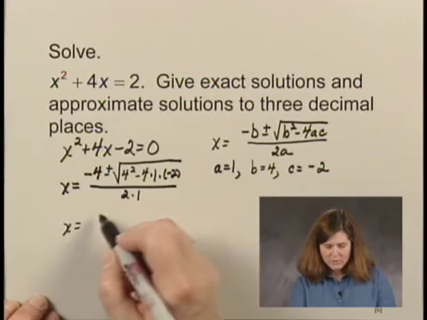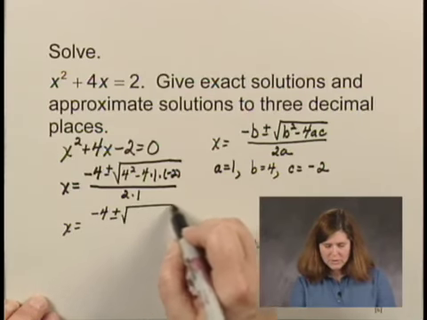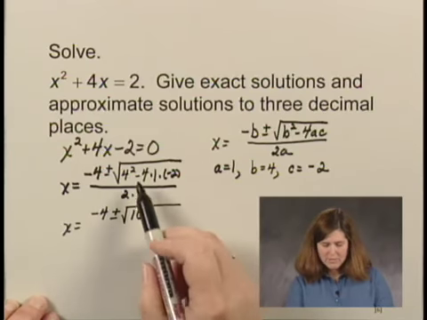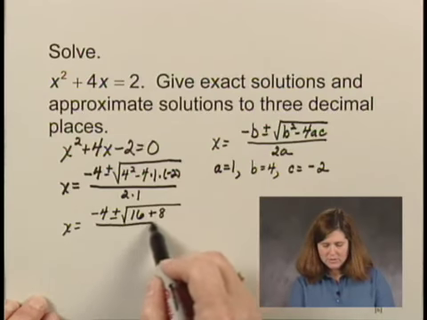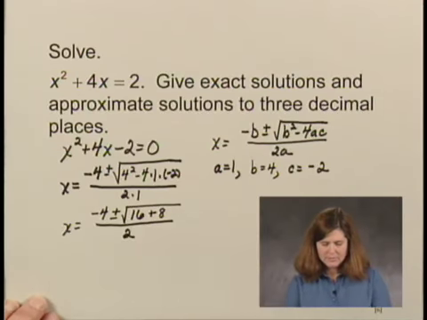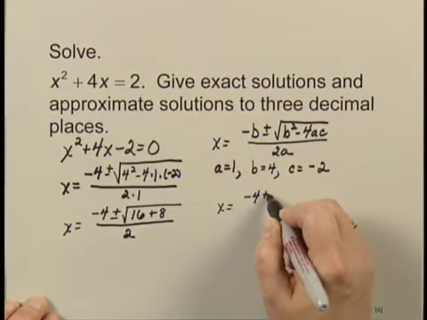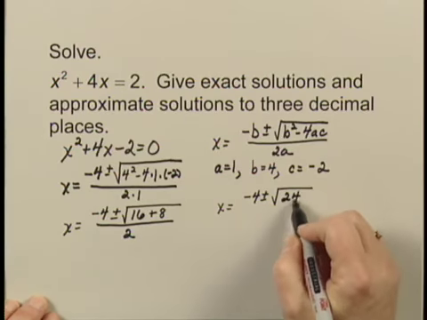We have x equals negative 4 plus or minus the square root of 16 minus negative 8, or 16 plus 8, all over 2 times 1, which is 2. So x equals negative 4 plus or minus the square root of 24 over 2.